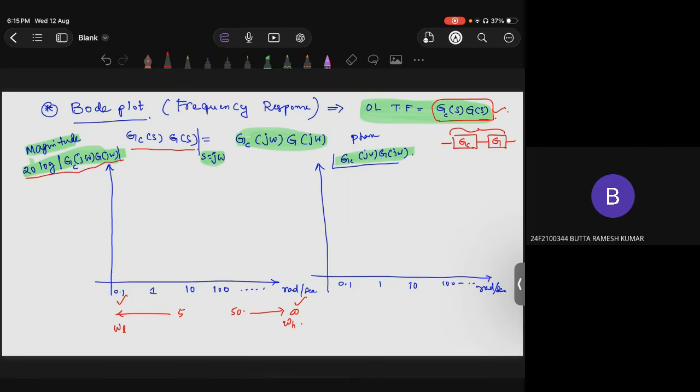If the feedback is other than one, then H of s comes in, that's the beauty of the root locus. Go and check the example and you will understand it. First, you start with the open loop transfer function and follow all the steps of root locus. Finally, that K will be included there. Then it will talk about how the closed loop poles are changing.